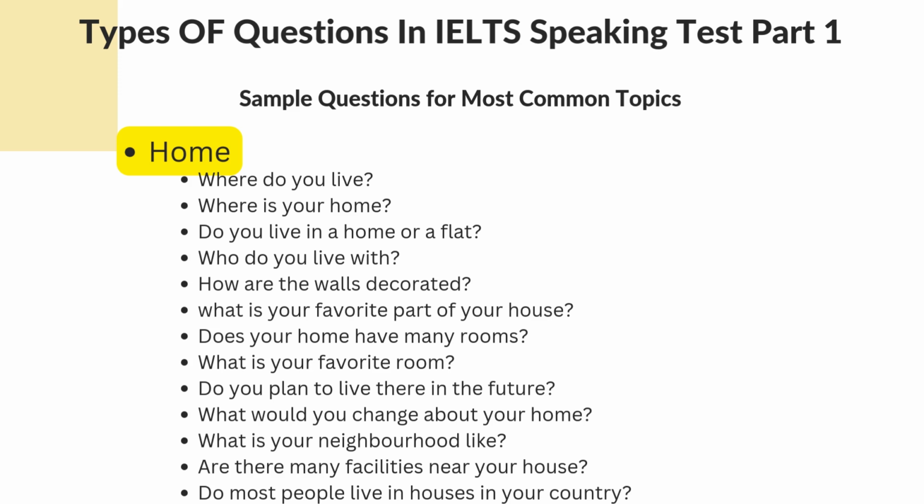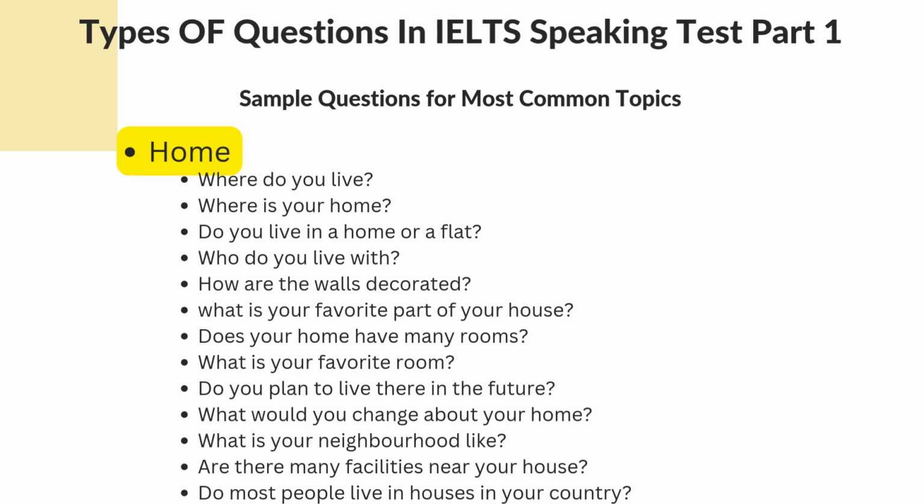Once again, it has a lot of questions such as where do you live, where is your home, do you live in a home or a flat, who do you live with, how are the walls decorated. So these are the different types of questions related to the home category. Once again, go through these questions and prepare your answers. But once again, there is a disclaimer, of sorts, that these questions are just samples.